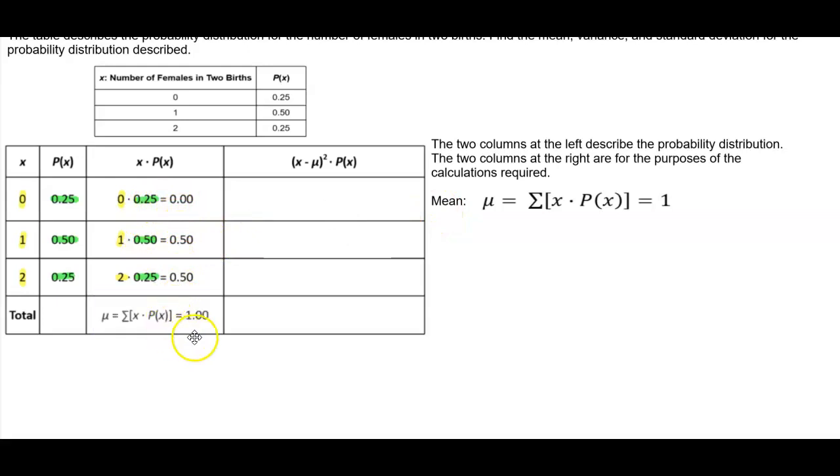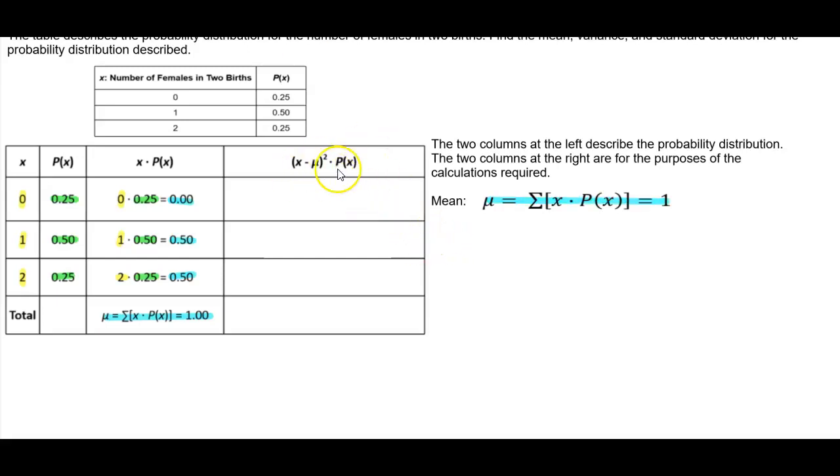When we add 0 plus 0.5 plus 0.5, we get 1. Therefore, the mean is 1. So let's write that down: the mean here is 1, by adding 0 plus 0.5 plus 0.5.